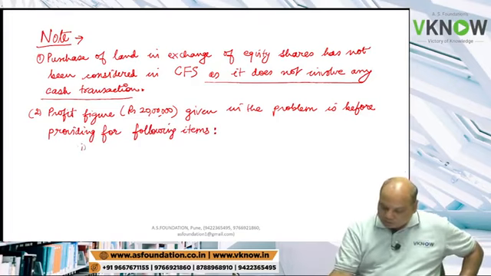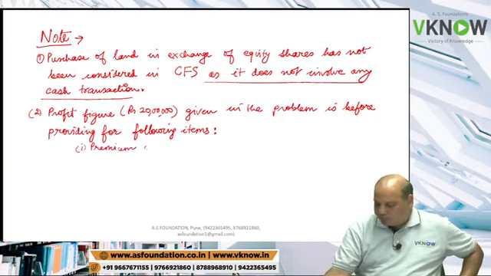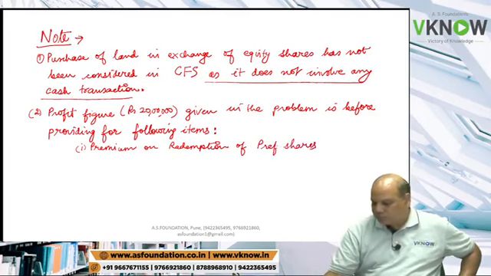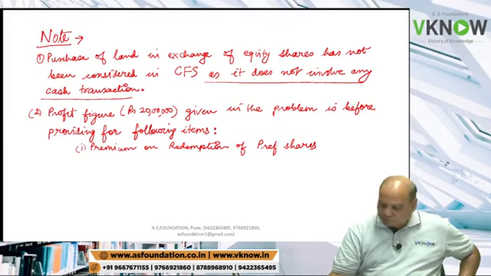Under that, write down Roman 1, premium on redemption of preference share.